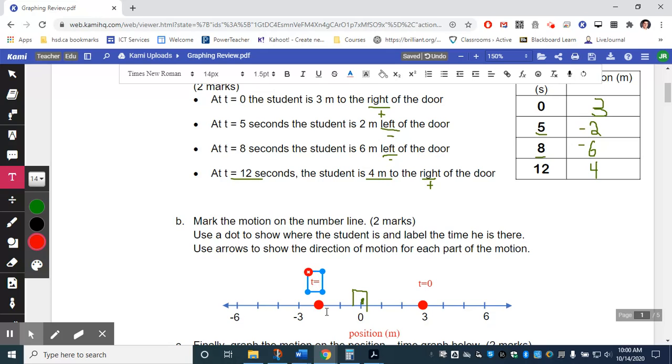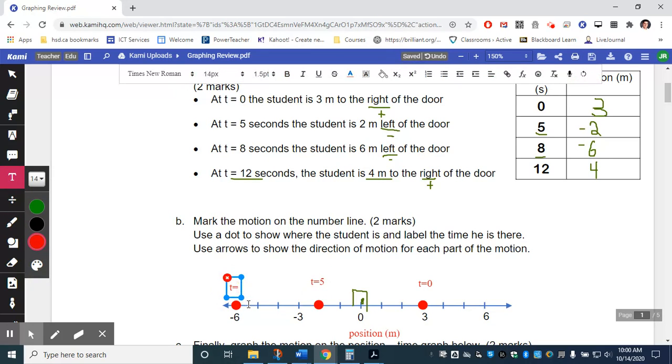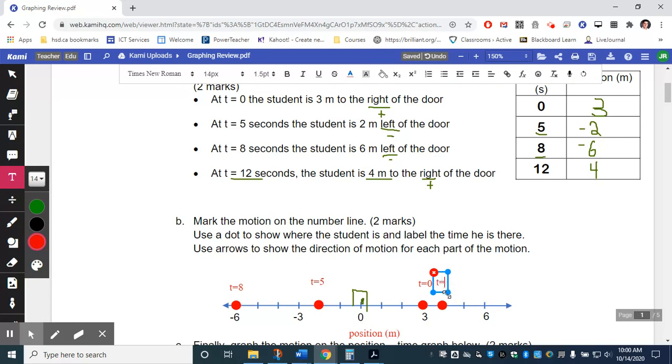So t equals 5 seconds is when we're at minus 2. Thirdly, we've got 8 seconds, position of minus 6, and we also mark the time, t equals 8 seconds. Finally, we're at positive 4, which is right here, at a time of t equals 12. So always marking the two things.